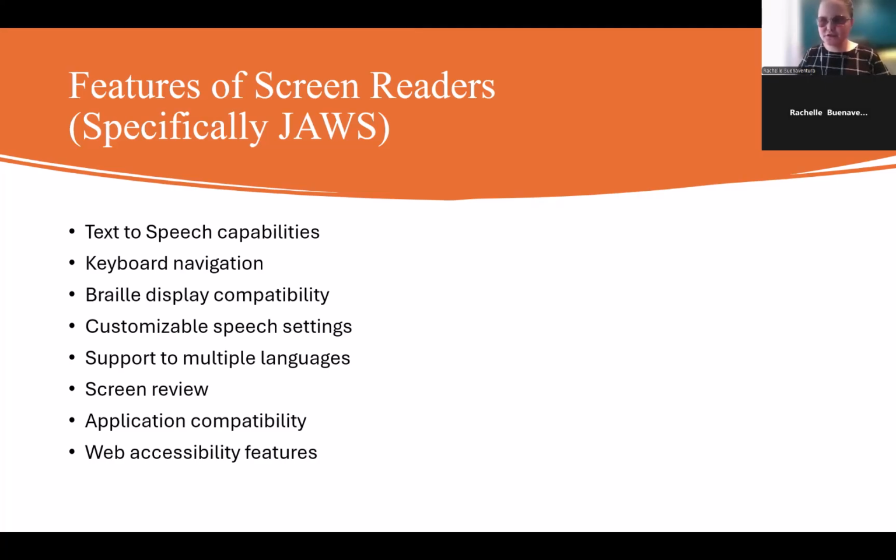So next thing is customizable speech settings. The users can adjust speech rate, pitch, volume, and voice to suit their own preference. So you have the option so that you would be able to easily understand what is written on the screen. So you have the choice to change voices or to change the volume, the speech, and the rate of the voices you have chosen.